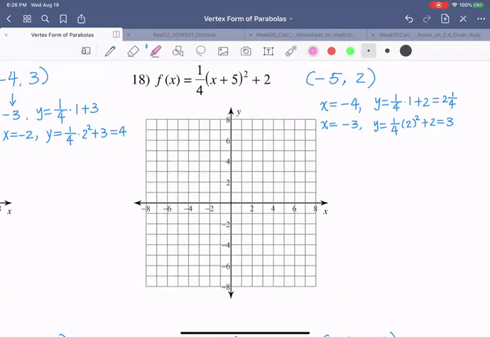-5 and 2 is here, right? And you want to draw the axis of symmetry. Yes, -3 and +3 right here. Axis of symmetry. So you go to this point.